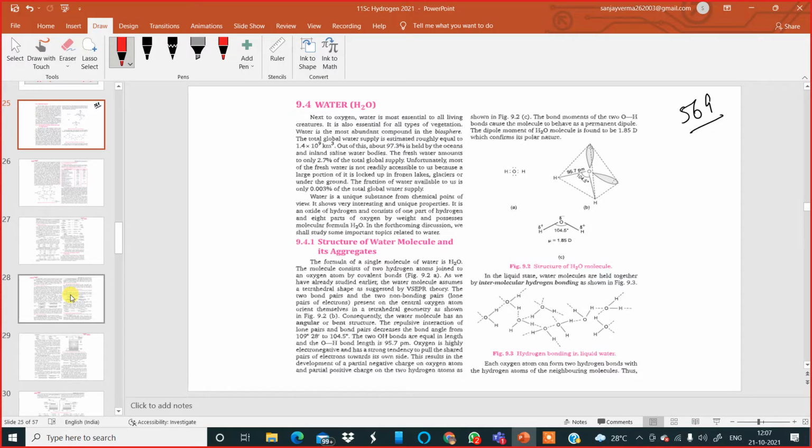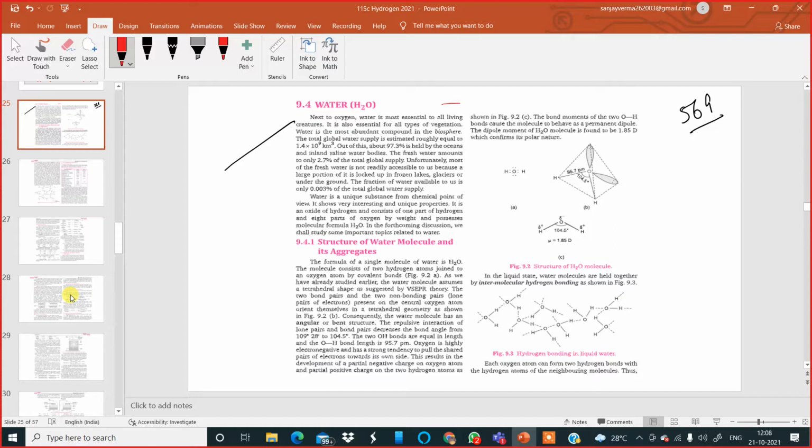Now here please note that in the first paragraph with regard to the introduction of water, we know water is a universal solvent. There are so many factors which make it a universal solvent. Next to oxygen, water is most essential to all living creatures. It is also essential for all types of vegetation.